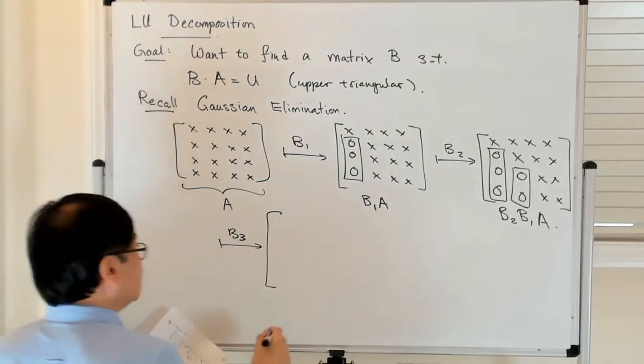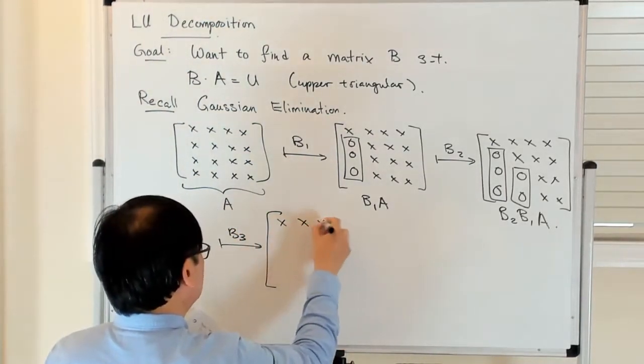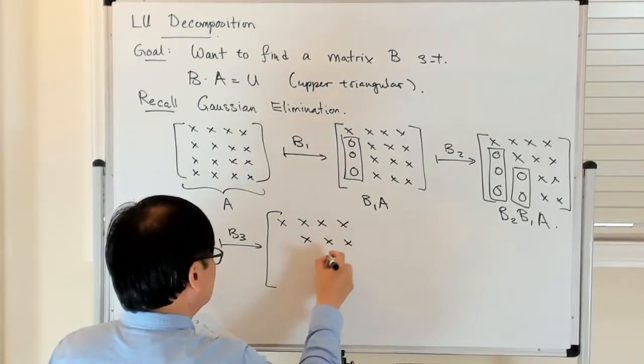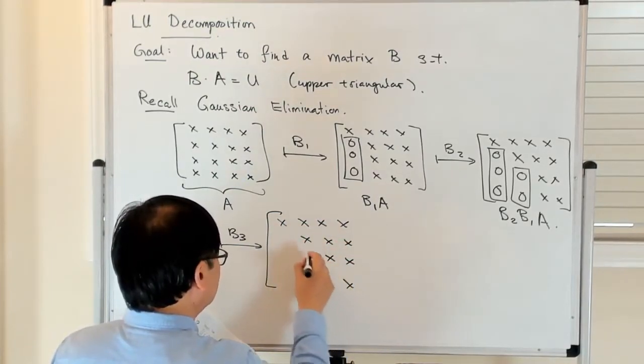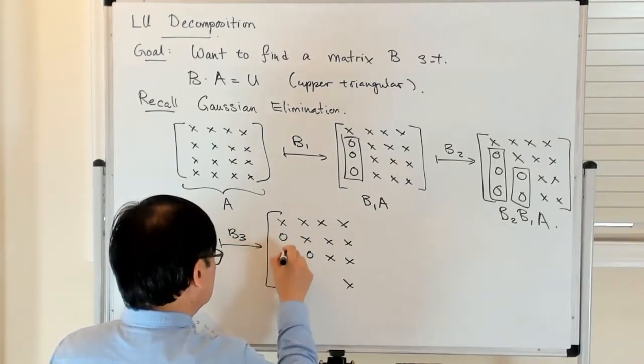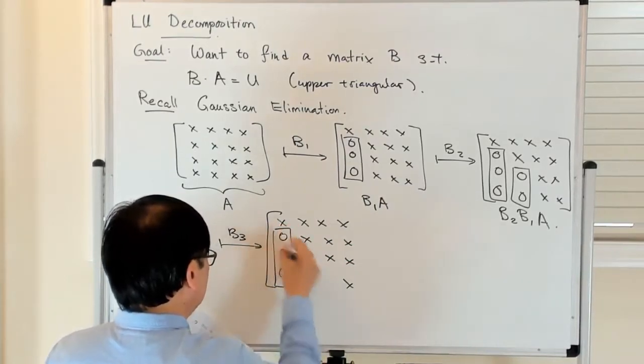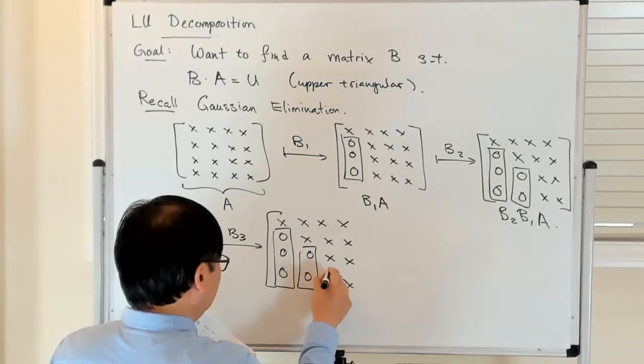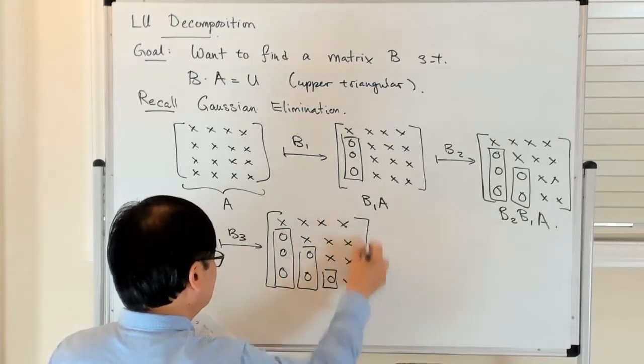Okay, and that's going to give you something now which is upper triangular, because it's going to zero out the third column below the diagonal, which is just this entry here, right?